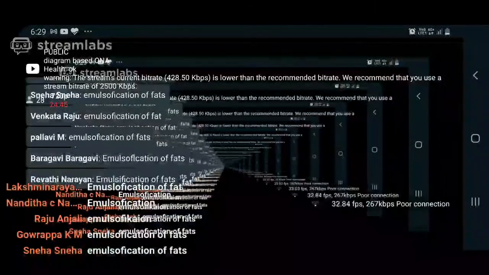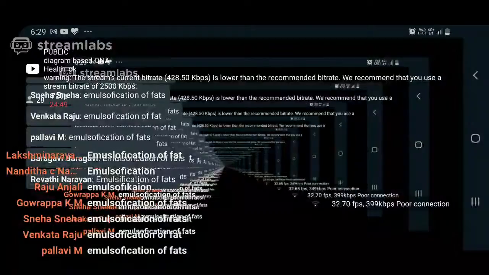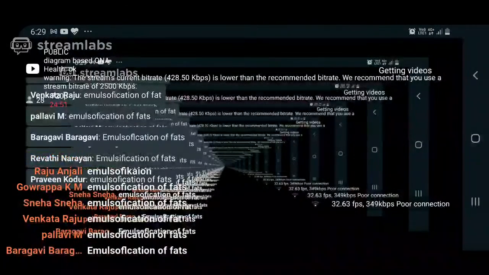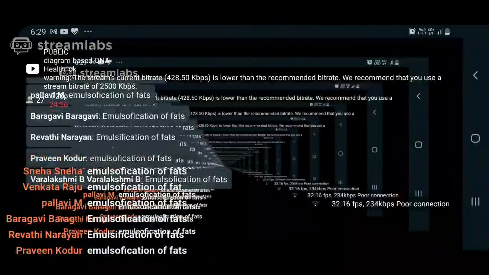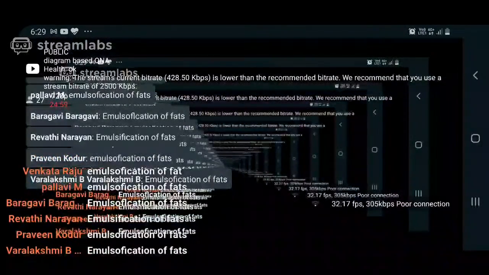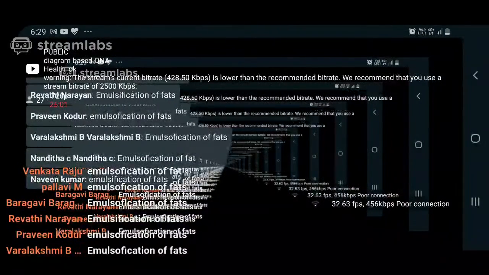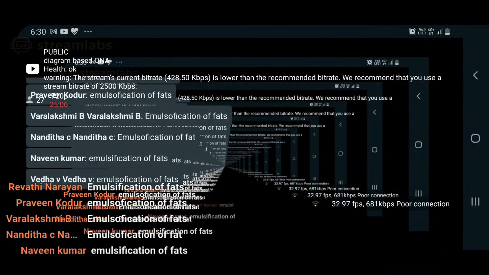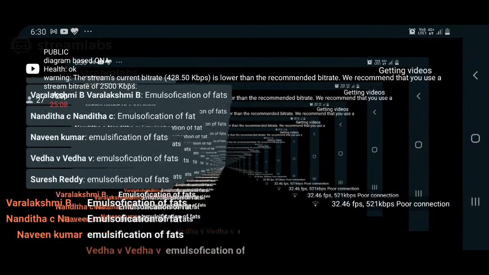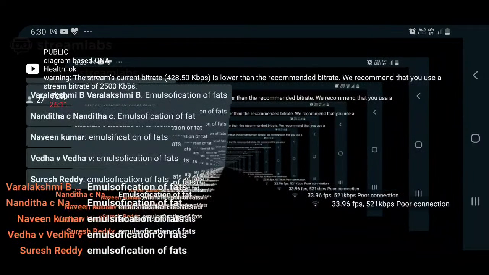Yes, emulsification of fat is the right answer, Sneha. Pallavi, Revati, yes, right. And this is possible by the secretion. And what is the name of that secretion? Yes, everybody answering correctly. What is the name of the secretion? Yes, Suresh Reddy.